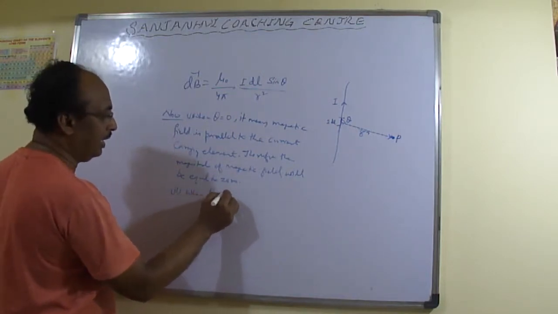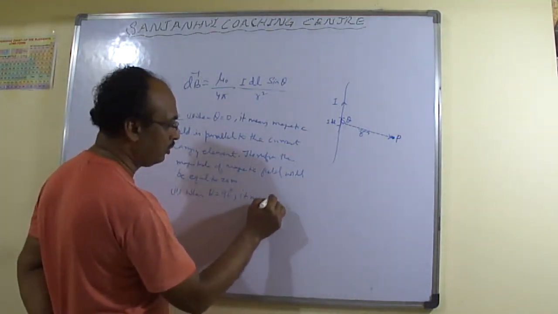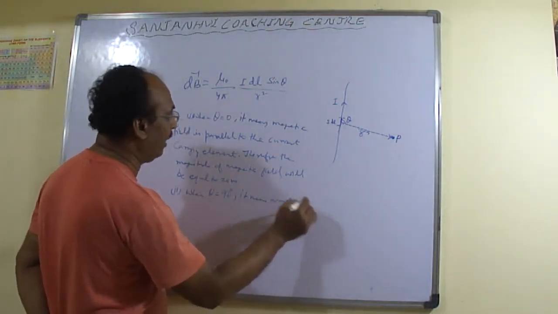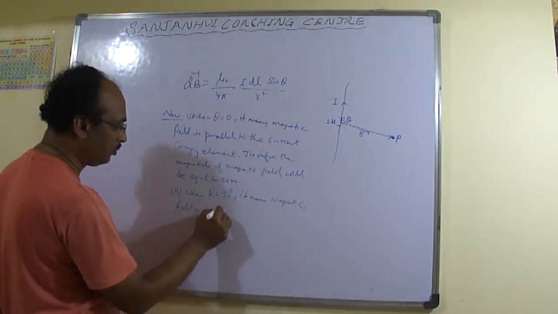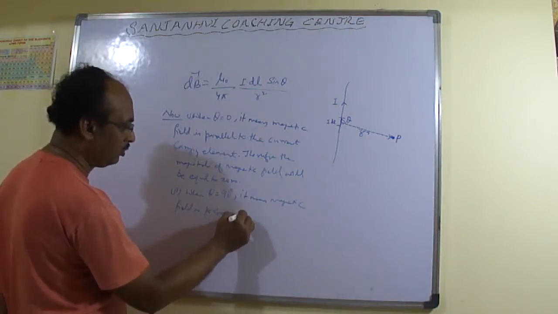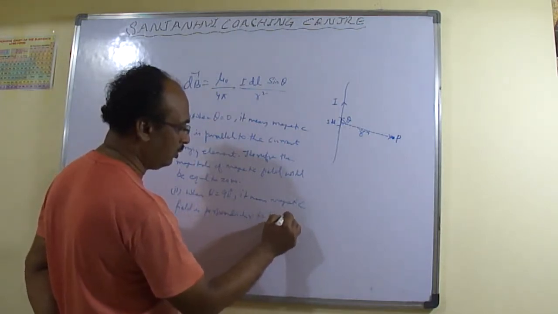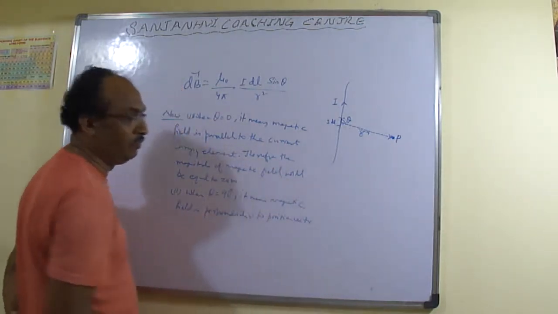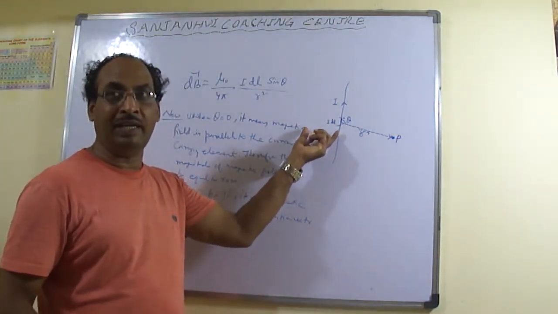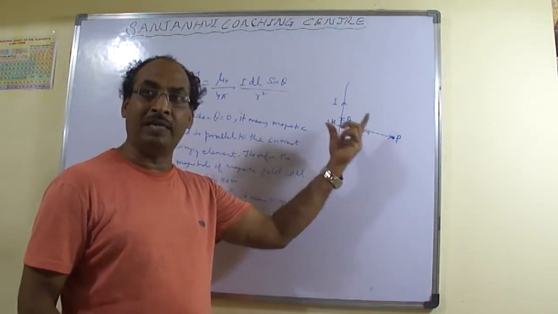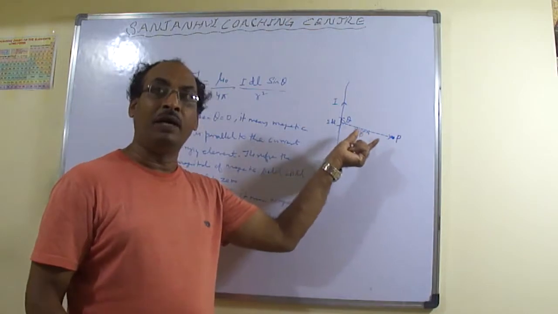When theta is equal to 90 degree, it means magnetic field is perpendicular to position vector. We are not finding magnetic field with respect to I dl. Why? Because we are finding magnetic field at some particular point, which is at a distance of r.